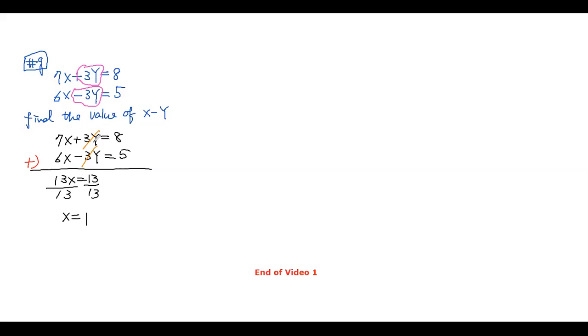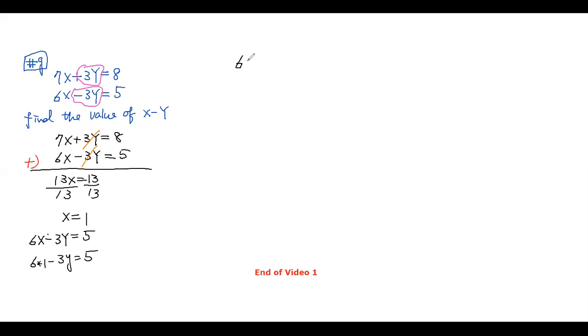Now you can substitute into either of the equations. I'll substitute into, let's say, the first one, second one, doesn't matter. It's equal to 5. So 6 times 1 minus 3y equal to 5. I don't want to skip steps, so you guys can follow me.